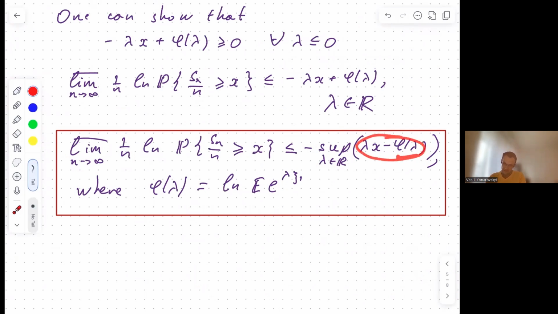Then you consider this difference, and you take the supremum over lambda, but you see that this part here depends on x. Therefore, you get some function of x. And this transformation of one function depending on lambda to a function that depends on x has a name. It is a famous transformation, and it is used a lot, for instance, in convex analysis. The transformation is called the Fenchel-Legendre transform.